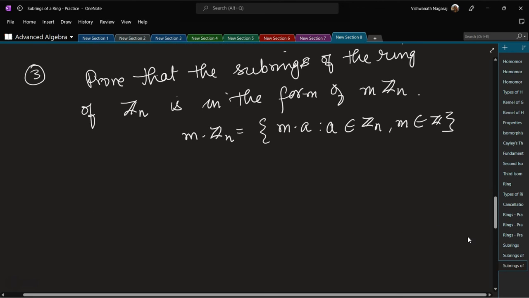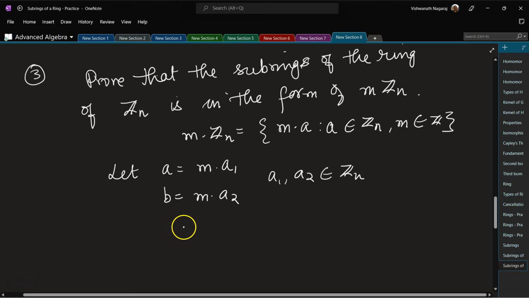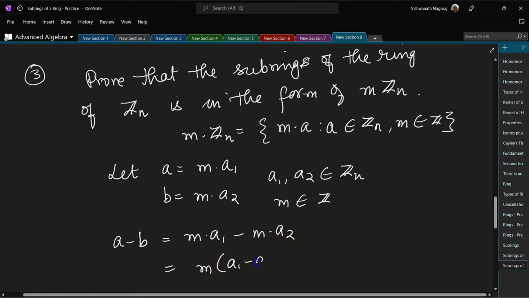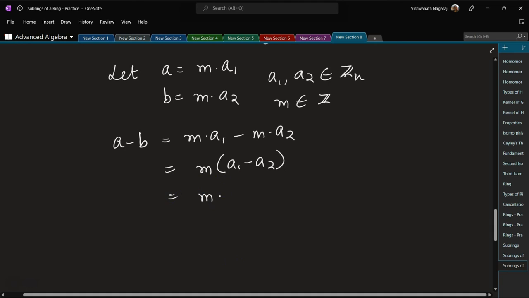So let's see. Let A be equal to m a1, B is equal to m a2. Now here a1 and a2 belong to Zn, integers modulo n, and m belongs to Z. So remember the conditions: A minus B is m times a1 minus m times a2, which can be written as m times (a1 minus a2), and this can be written as m times a3, where a3 is equal to a1 minus a2.